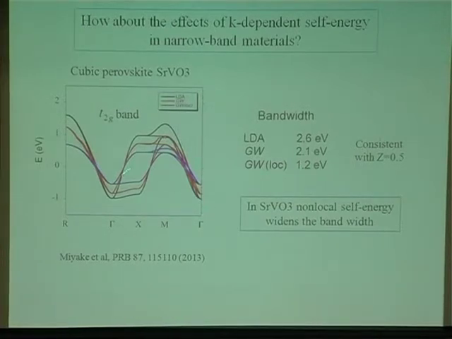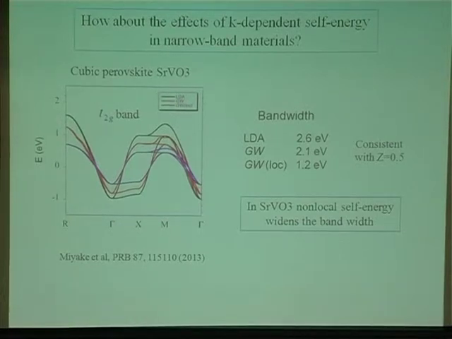One could understand this by realizing that the effective mass depends on two factors. It depends on the frequency dependence of the self-energy, as well as on the K-dependence of the self-energy. So there are two terms in the effective mass.